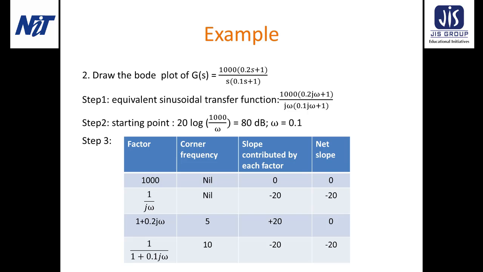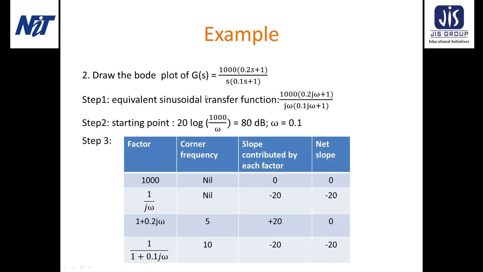Let us take another example. In the same way, first I convert into the sinusoidal transfer function by putting s equal to j omega. Here I have not considered the first step because it is already in the time constant form. So I have just started from the sinusoidal transfer function, that means putting s equal to j omega.